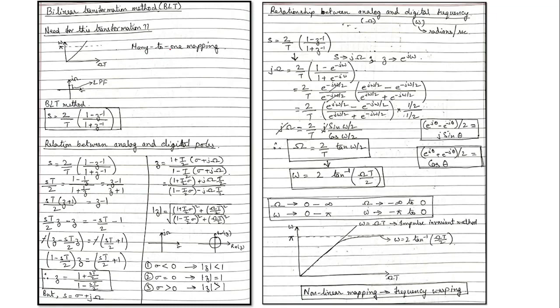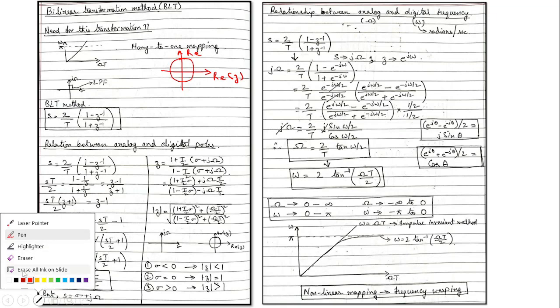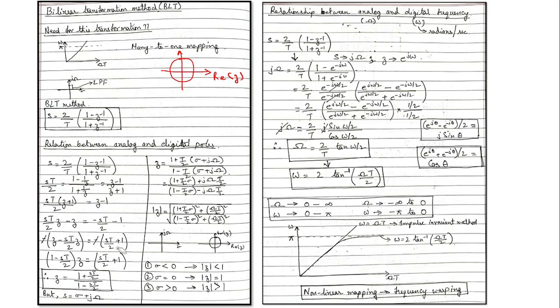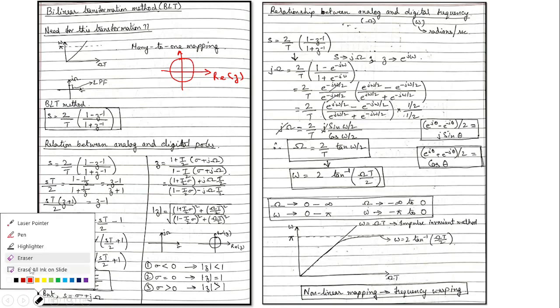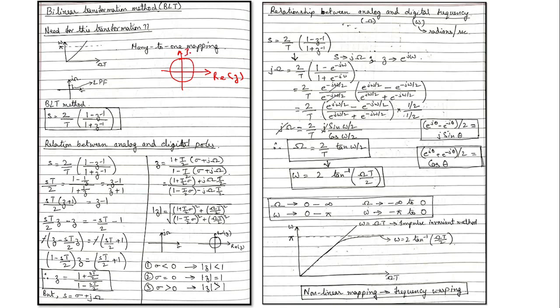The reason is that if you look into the Z plane, this unit circle is having a radius of one, with real and imaginary Z axes.